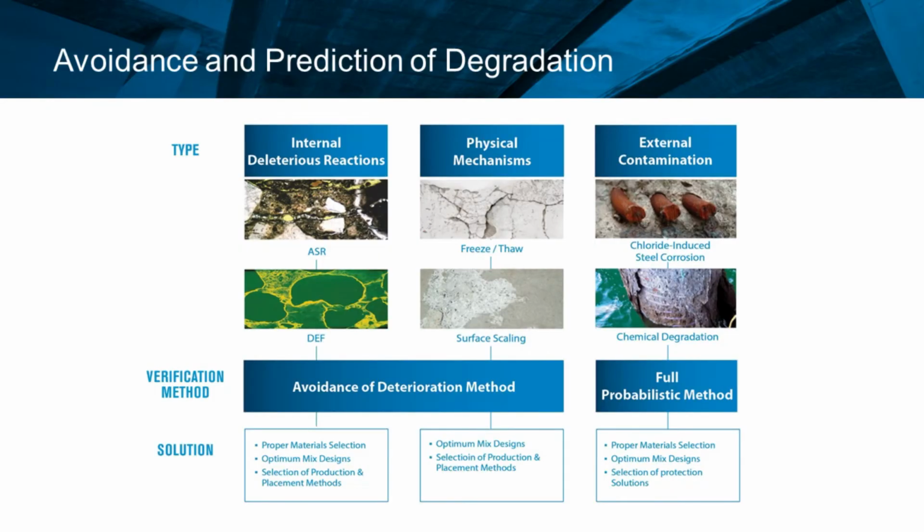Same thing with chemical degradation as well. So for extreme industrial environments, we can determine how fast degradation will occur, but we know it will occur. It cannot be completely avoided. So that's the approach in general terms.